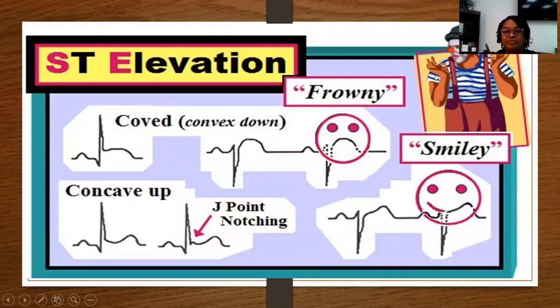Now here's an example of your ST segment elevation showing your frowny face and your smiley face. And of course, if you're frowning, that's a clue. That's an actual MI, okay? Versus if it looks like it's smiling, it's an imposter.